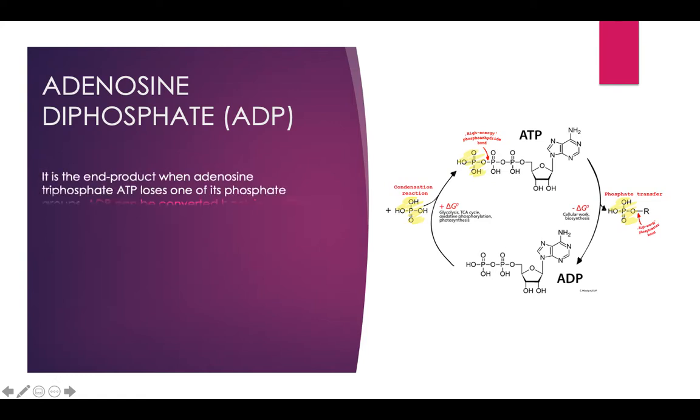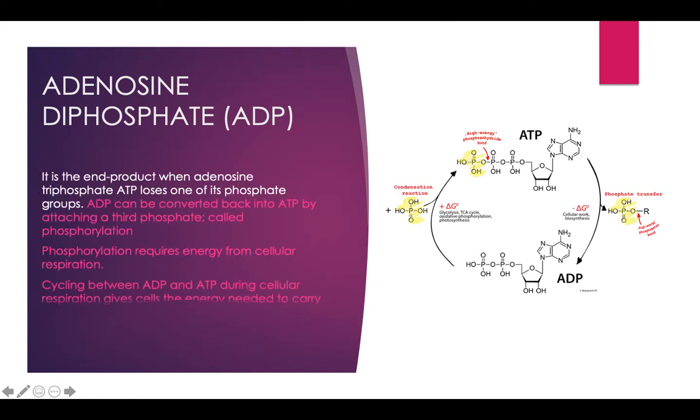Next is ADP, which is adenosine diphosphate. Di stands for two, which means there are two phosphate groups in ADP. It is the end product when adenosine triphosphate loses one of its phosphate groups. ADP can be converted back into ATP by attaching a third phosphate group, which is called phosphorylation.